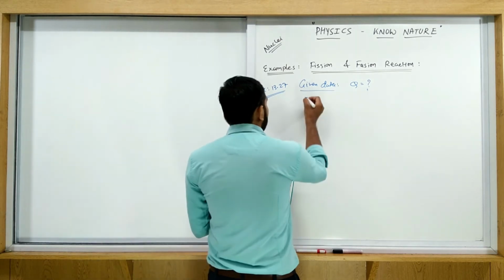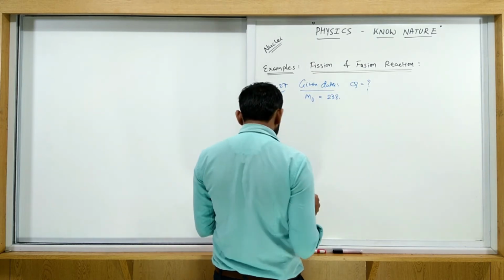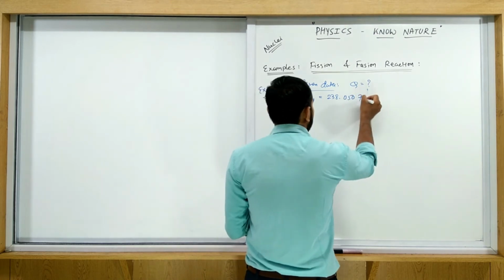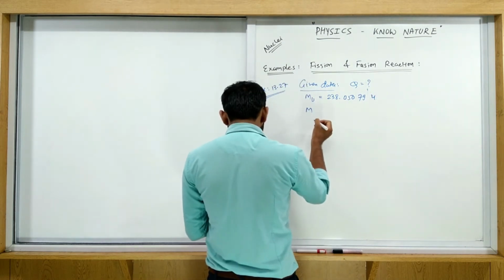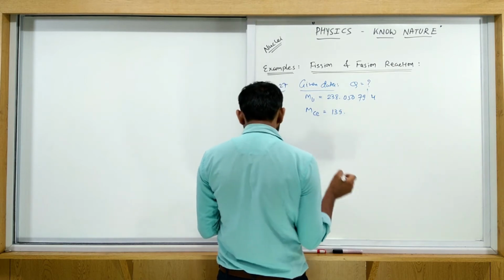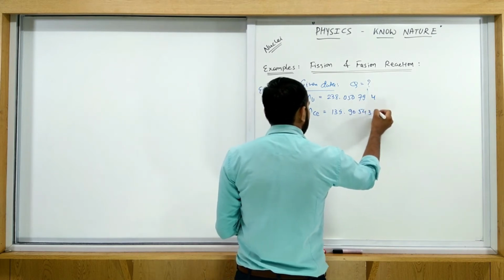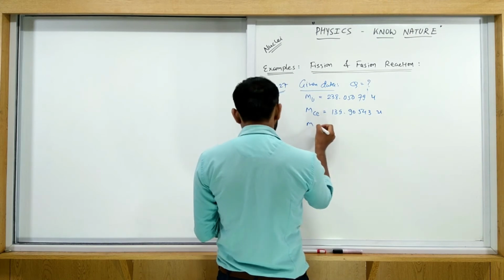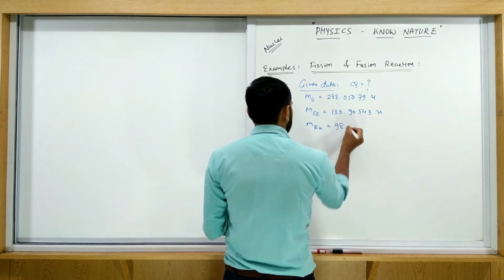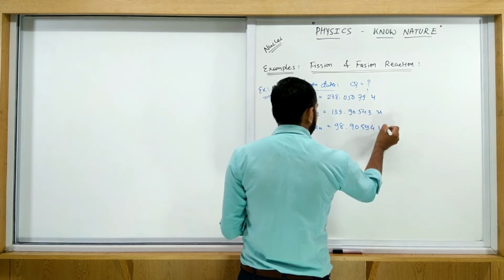What are these masses? Mass of uranium is equal to 238.05079 AMU. Mass of Ce is equal to 139.9543 AMU, and mass of Ru is equal to 98.9594 AMU.